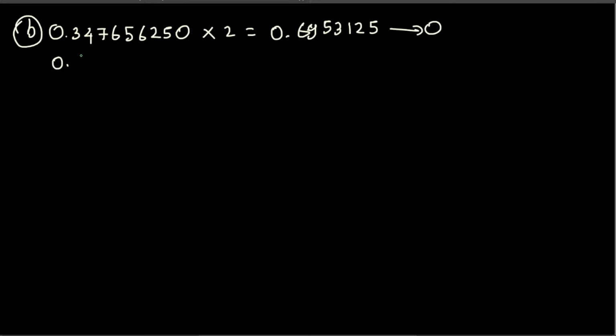Then 0.695315 times 2 is equivalent to 1.390625, and we get 1 right here.